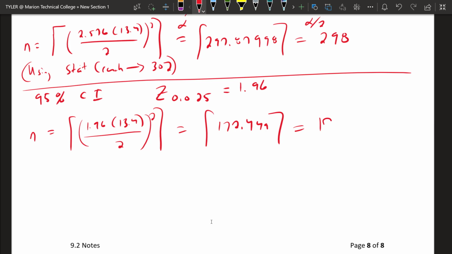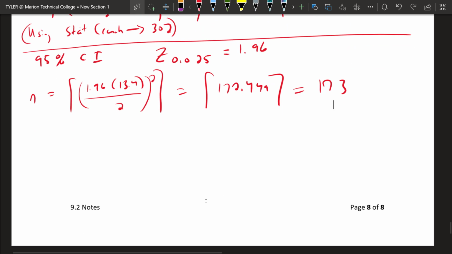Because with the ceiling, you always go up to the next integer. And then if you use StatCrunch, you'll get 175, so it comes out to be pretty similar. So the question says, how does the decrease in confidence affect the sample size required? Notice if we decrease the confidence level, the n value decreased. We went from 298 down to 173.